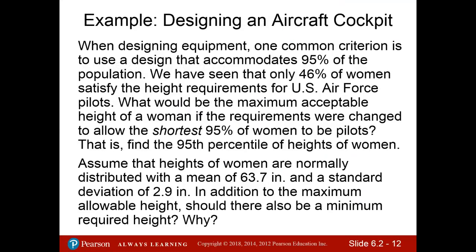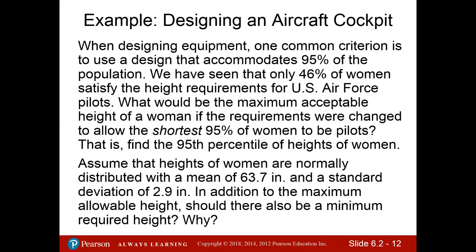We have seen that only 46% of women satisfy the height requirements for US Air Force pilots. What would be the maximum acceptable height of a woman if the requirements were changed to allow the shortest 95% of women to be pilots? That is, find the 95th percentile of heights of women.